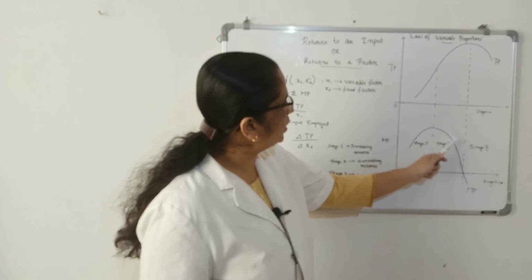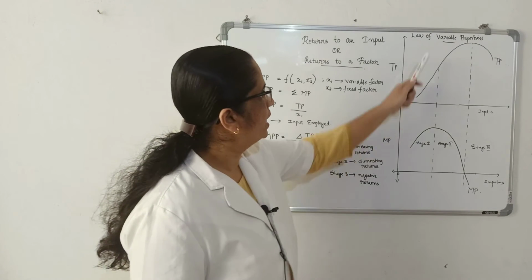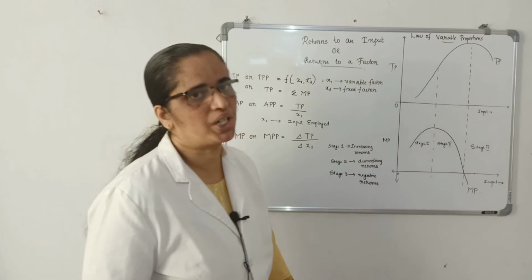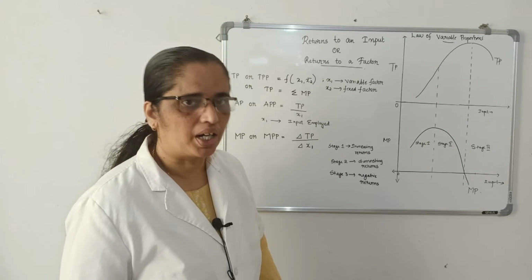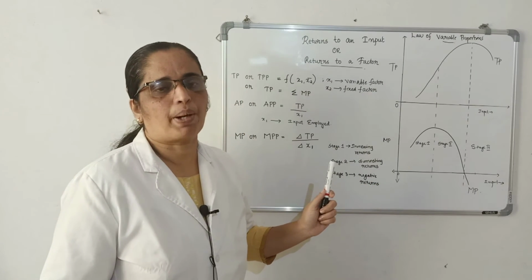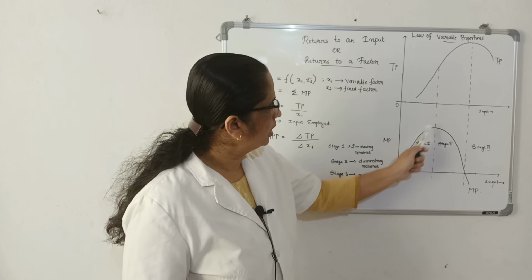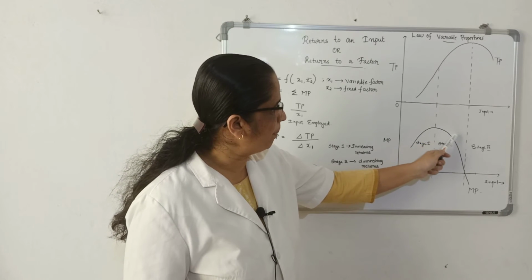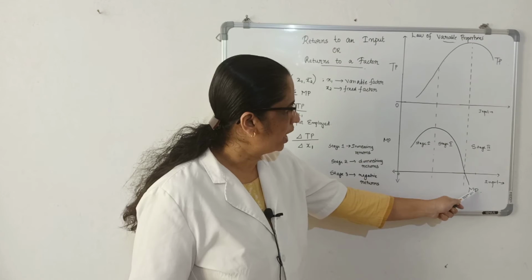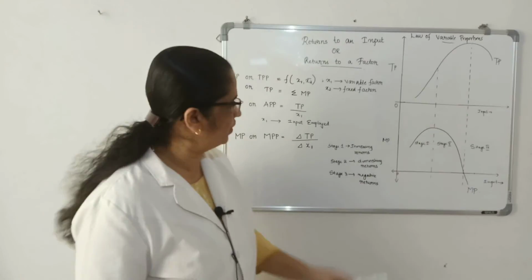And this type of trends in MPP is known as the law of variable proportions or the laws of returns. What do you mean by the law of variable proportions or the laws of returns? MPP is increasing, MPP is diminishing, and MPP will be 0 and after it will be negative.